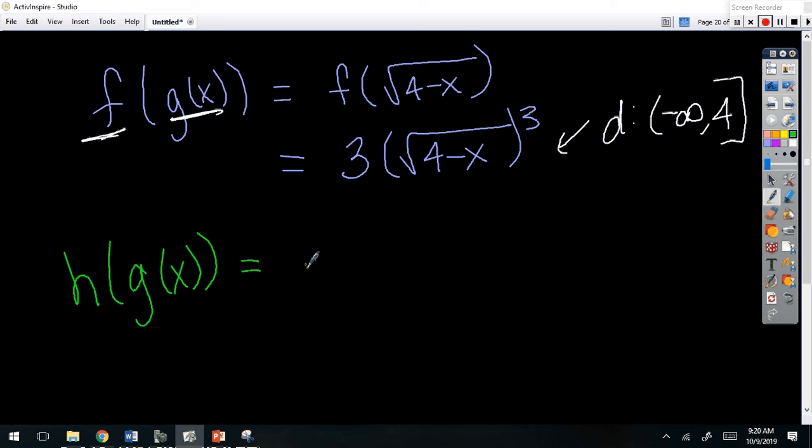So it'd be the square root of 4 minus x, squared, which simplifies to what? These are opposite operations, so it's just 4 minus x.